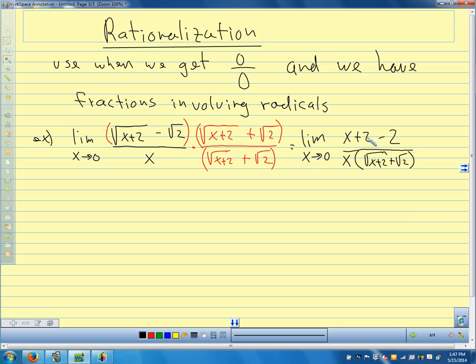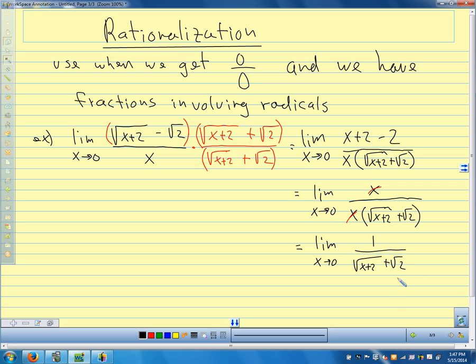Well, this simplifies to the limit as x approaches 0. x plus 2 minus 2, I get x, over x times the square root of x plus 2 plus the square root of 2. And those two x's cancel. Finally, my simplified form is the limit as x approaches 0 of 1 over the square root of x plus 2 plus the square root of 2.